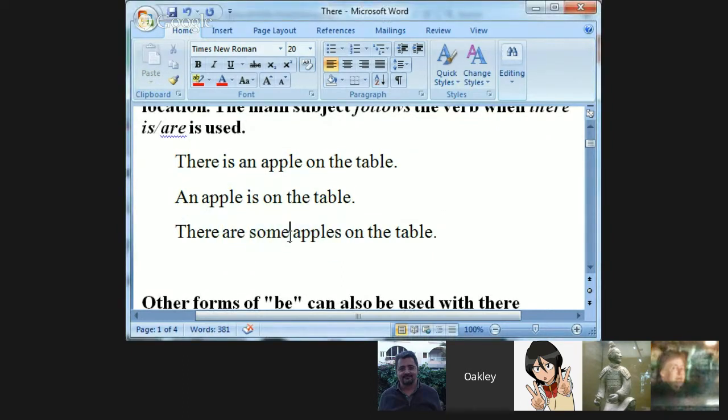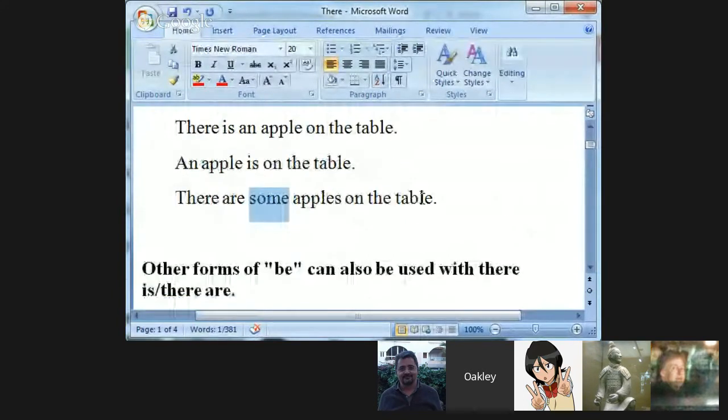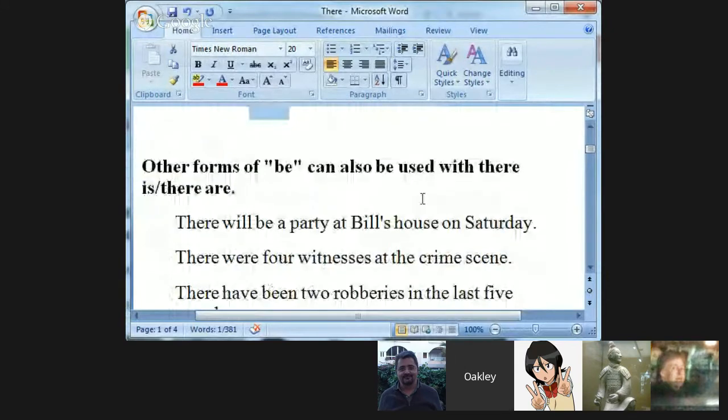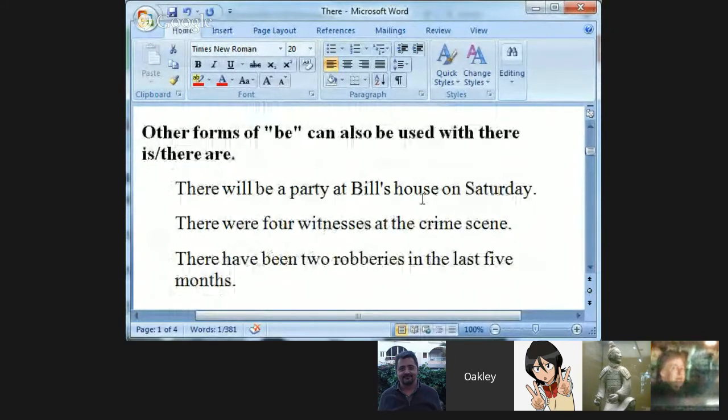Whenever you use some, it means there must be more than one. Very good. Of course, we can use other forms of the verb to be with there, obviously, if we form other verb tenses.